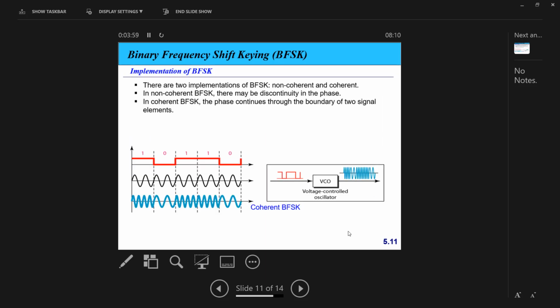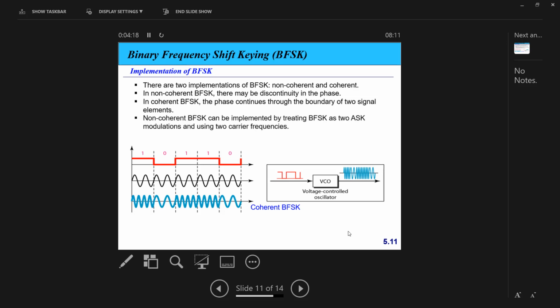And the implementation of a binary frequency shift key was using a unipolar non-return to 0, and then multiply by the signal coming from a voltage control oscillator, and in this case we'll have coherent binary FSK.